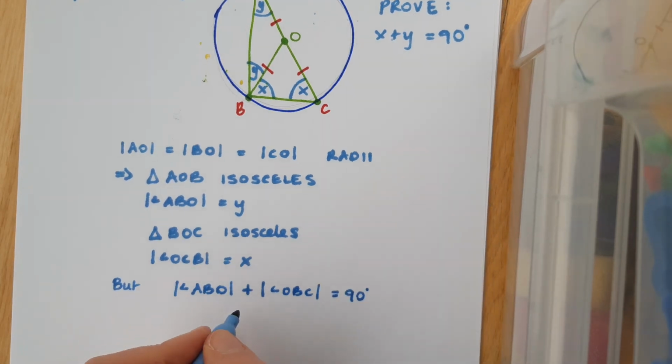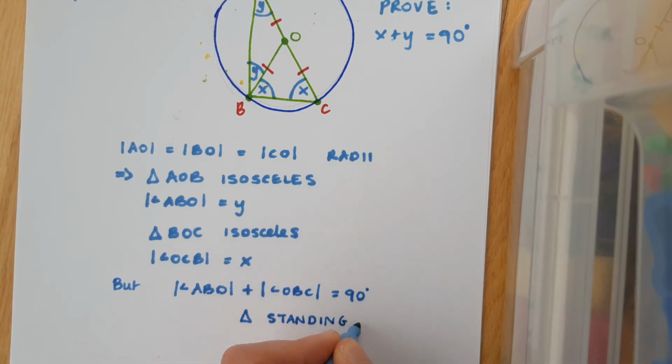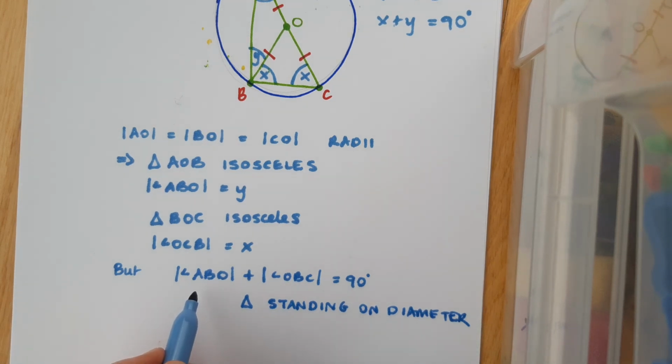And I'll give my reason for that, because I've got a triangle standing on a diameter. But of course, ABO is just the angle y, and OBC, I was given at the beginning, is just the angle x. So therefore, x plus y equals 90.